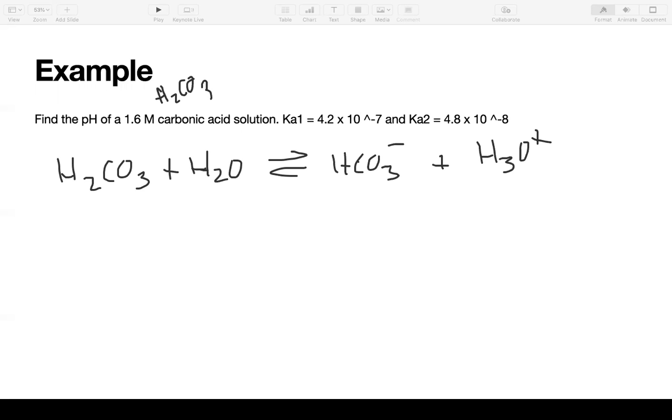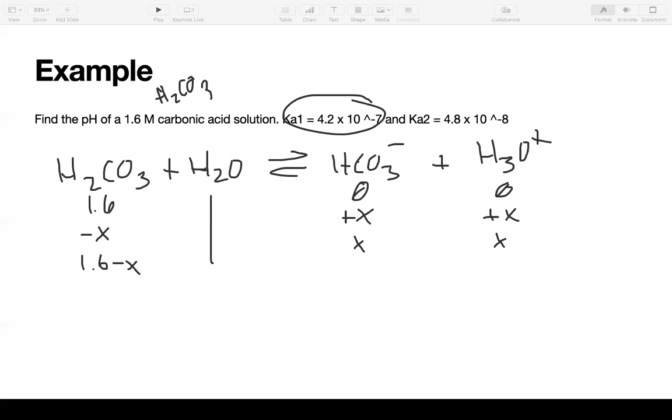So initially we have 1.6, water we don't care about, 0 and 0. And for our change, because it's a weak acid, we're going to do minus x. So since we're doing minus x there, over here we're going to have plus x. So that once we reach equilibrium, we have 1.6 minus x, x, and x.